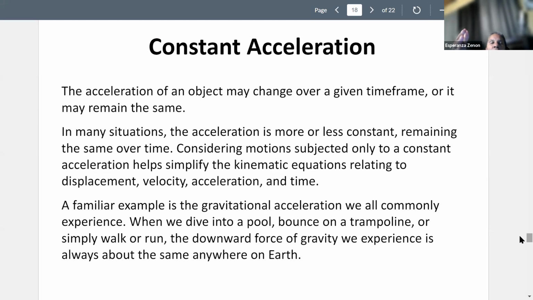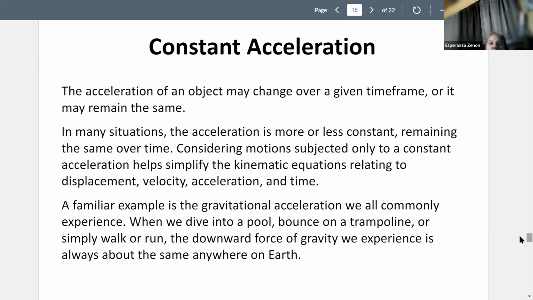So far, the definitions that you've seen work for any type of motion. But now we want to take those definitions and look at a limited case of 1D motion.